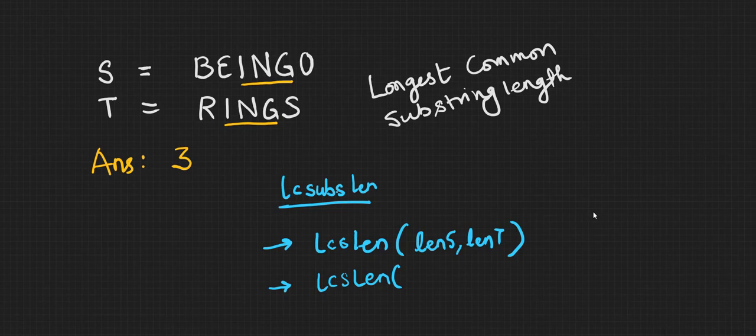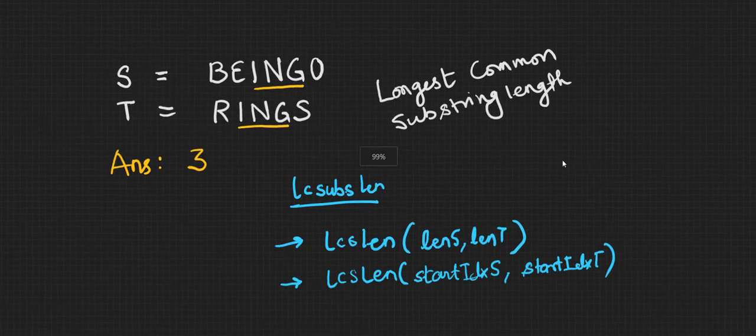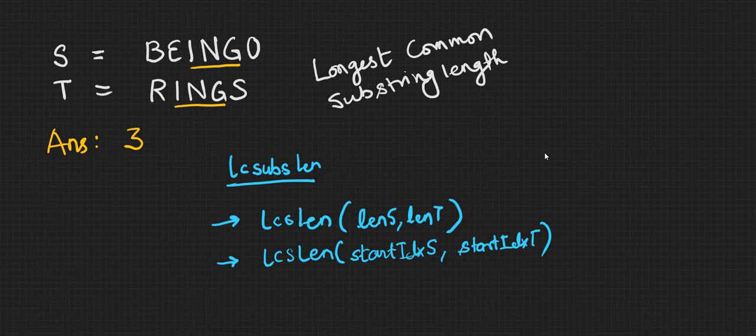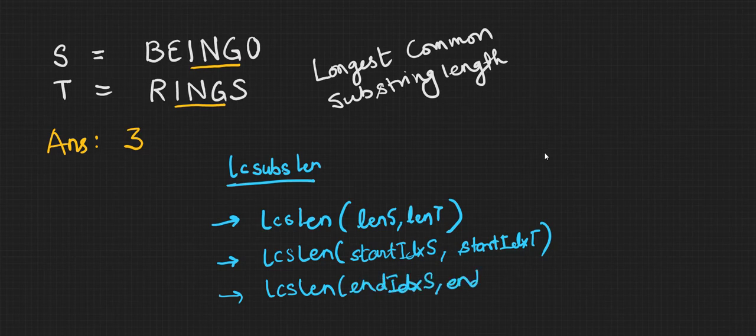So if we take the start index of S and the start index of T. Or the third option that we go ahead with is usually the end index of S and the end index of T.